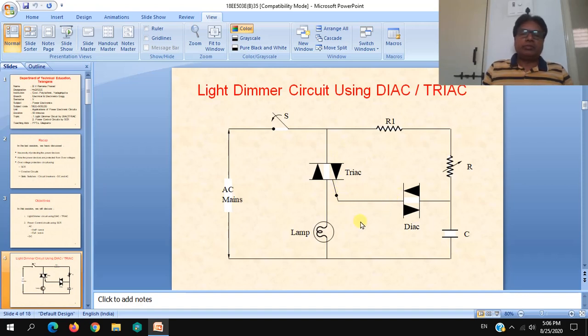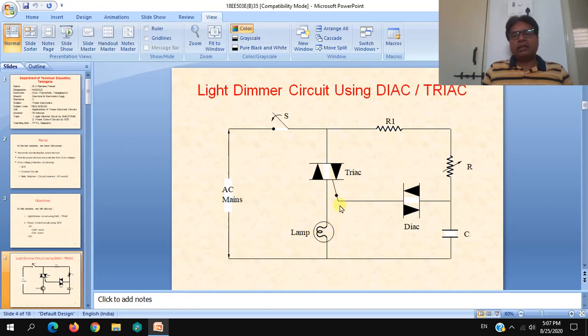And we know the basics of firing of triacs and SCRs at a given alpha, that is the firing angle. We can control the conduction times. If the conduction time is more, more power will be delivered to the load. In this case, if the firing angle of the triac is less, that is if the conduction angle beta is more, then the lamp gets more power, that is more average voltage and more average current, and it glows with higher brightness.